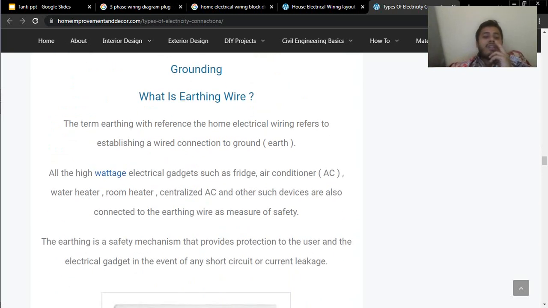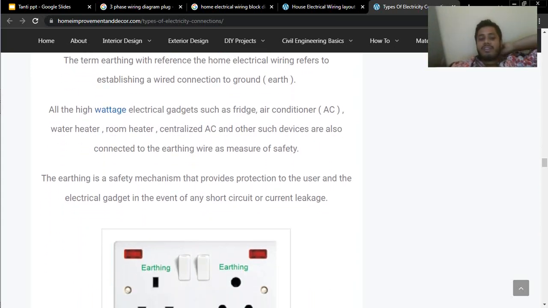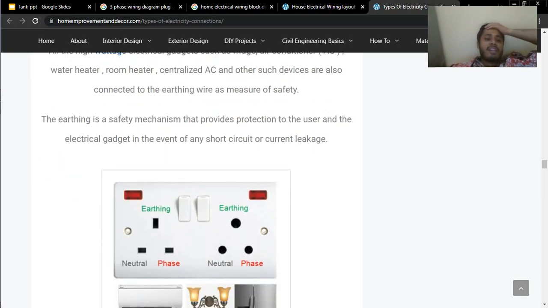What is earth grounding? The term earthing in home electrical wiring refers to establishing a wire connection to the ground. All the high wattage electrical gadgets such as fridge, air conditioner, water heater, room heater, centralized AC and other such devices are also connected to the earthing wire as a safety measure.